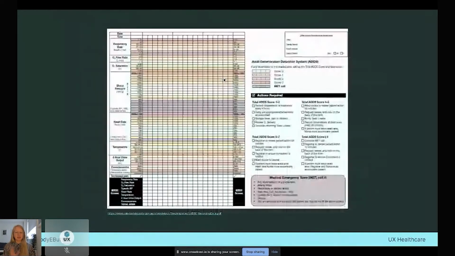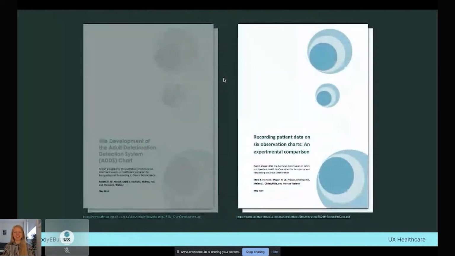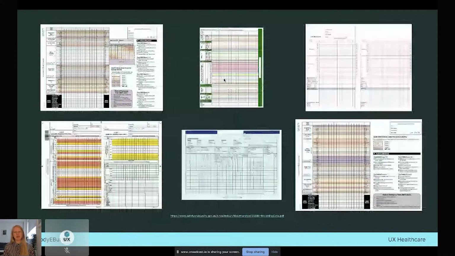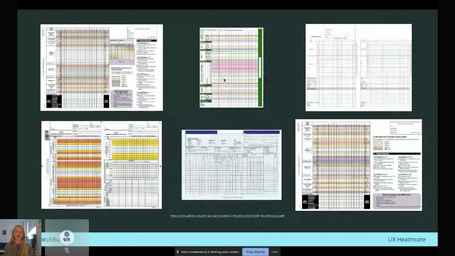They used those results and some best practices and user-centered design to create a standard chart, and this is called the ADDS. But then they actually retested that, like any good UX person would do, and they compared that to two versions of that chart, as well as a number of other examples.